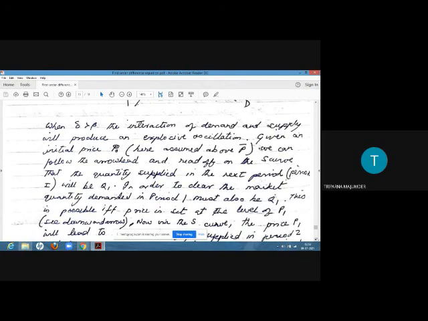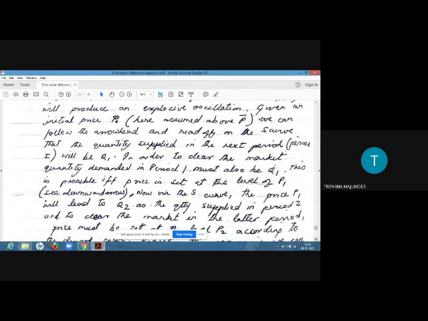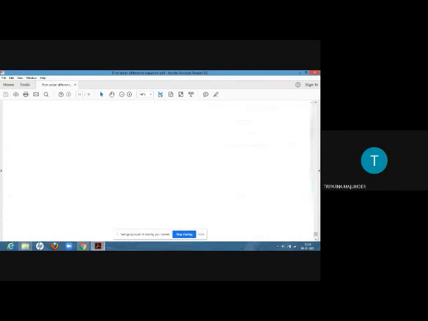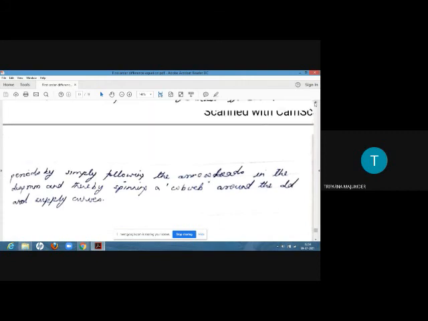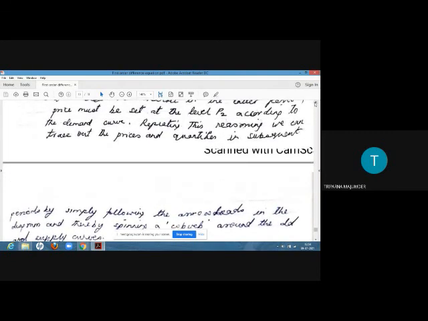This is possible if and only if price is set at the level of P1. Now, via the supply curve, the price P1 will lead to Q2 as the quantity, and this process will go on repeating this reasoning.